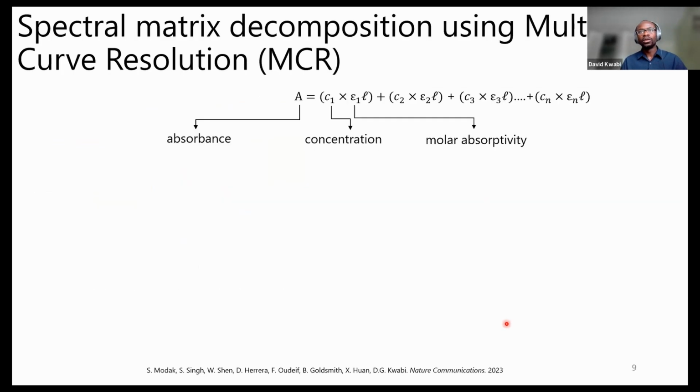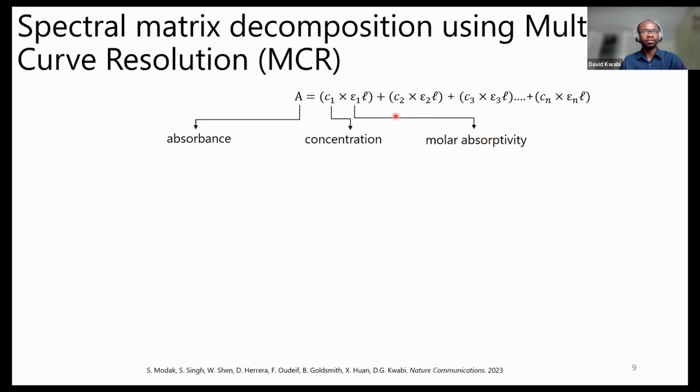So to try to extract kinetic data from all of this information, it's worth recalling Beer's law, or Beer-Lambert's law, which holds that at a given wavelength, the absorbance that you measure is just a product of the concentration of the species present and molar absorptivity.